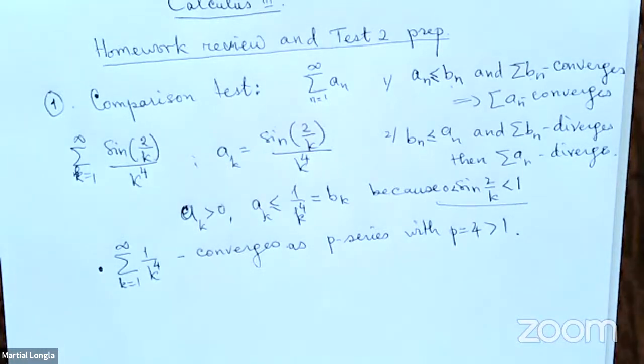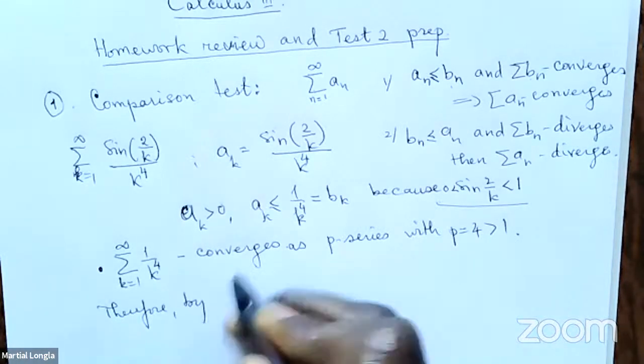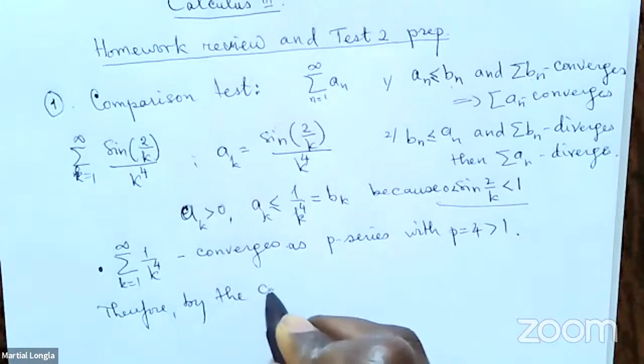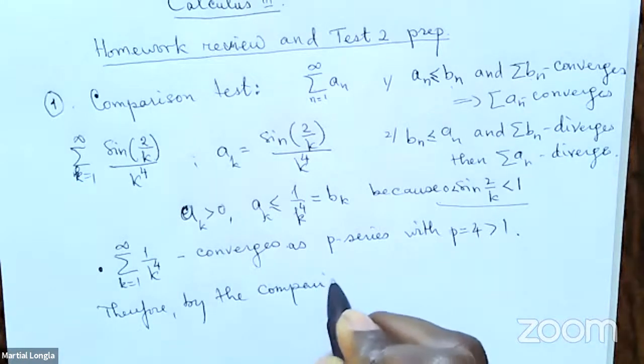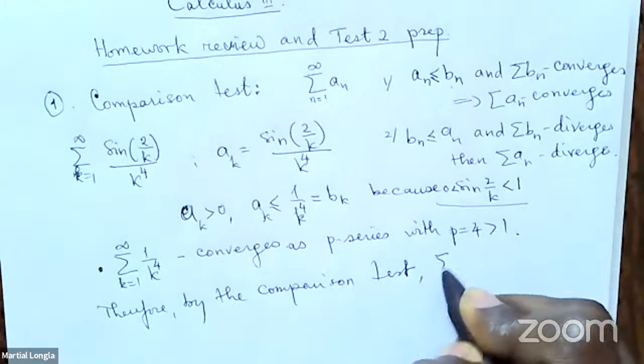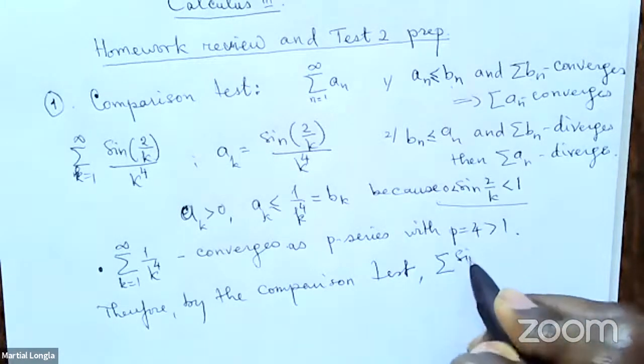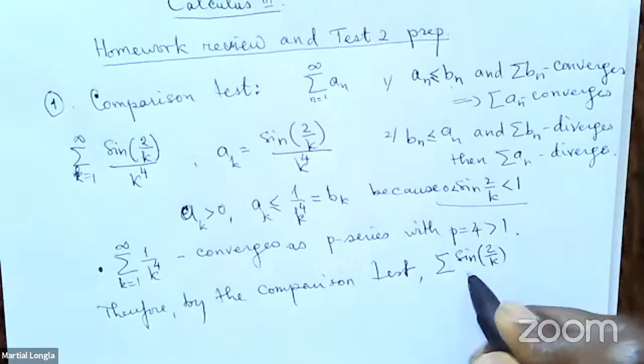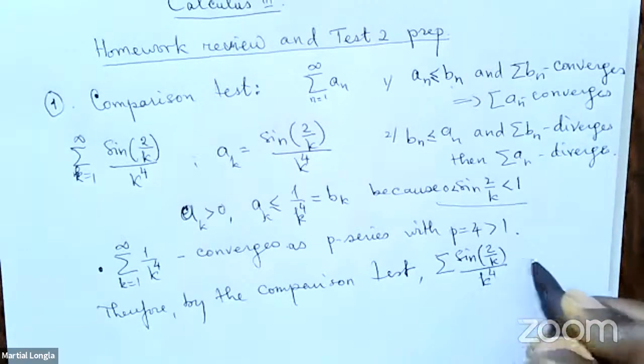Now you've shown that the sum of b_k's converges. b_k is larger than a_k, the a_k's are positive. Therefore, by the comparison test, the sum of sine of 2 over k divided by k to the power 4 converges.